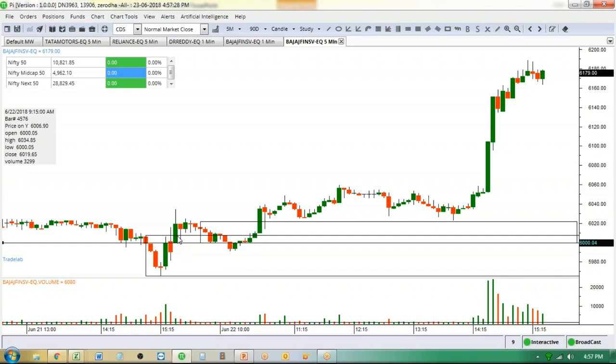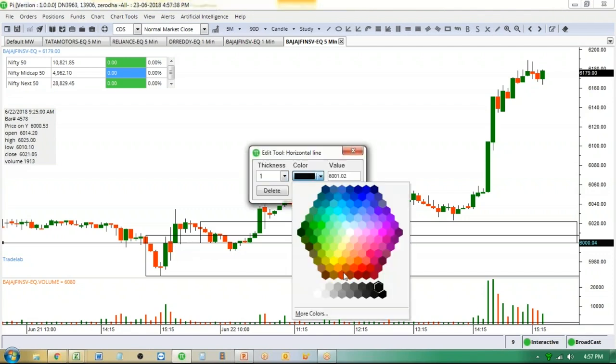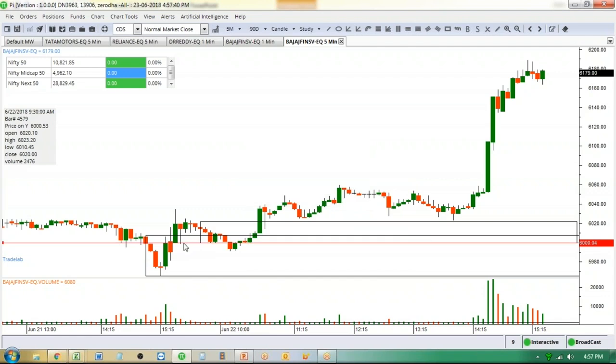Do you see this low? Is it a low? Yes or no? Do you see the low? I have drawn a line. Yes, yes. Red color. Where is the entry? No, I didn't catch the significance of that line.